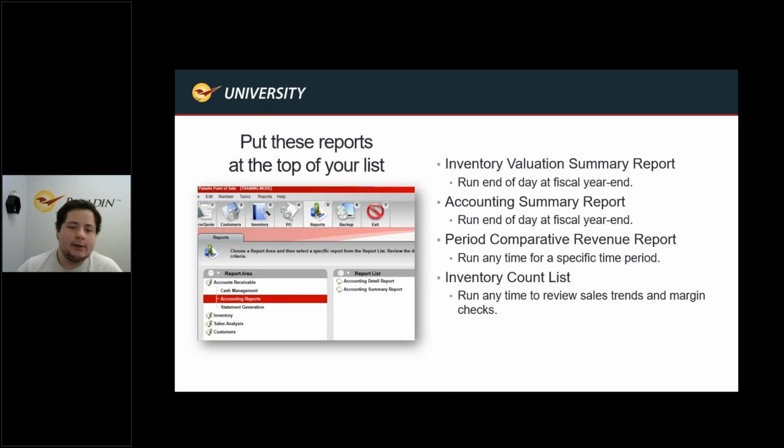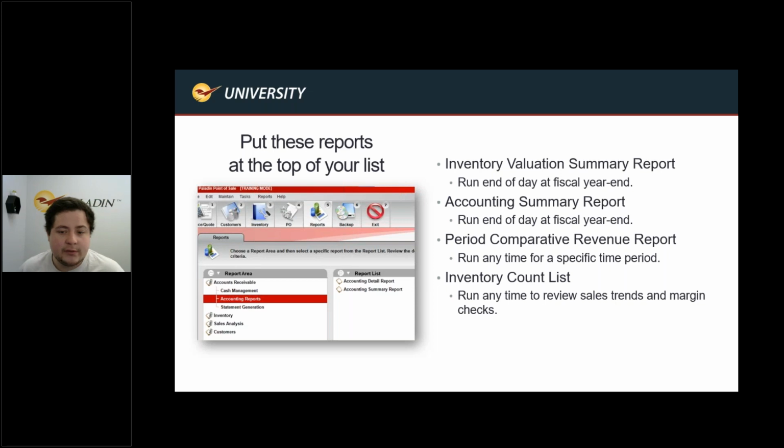So you most likely want to run them at the end of the day of the fiscal year. This is the report I was telling you about, where if you don't run it and you wait till March, we would have to go back in time essentially to get these reports. Sometimes that can cost data work, and sometimes your computer doesn't have the backup for that, which makes things incredibly difficult to get.